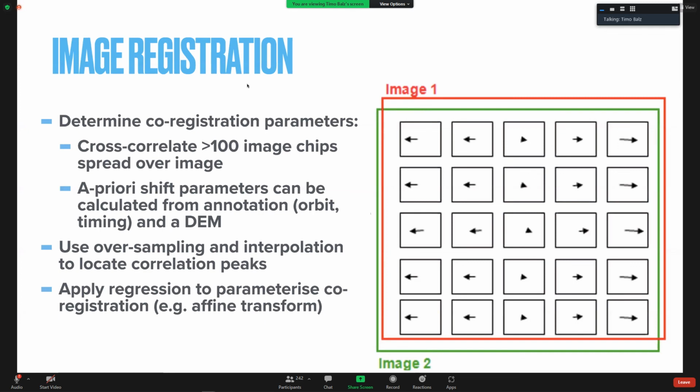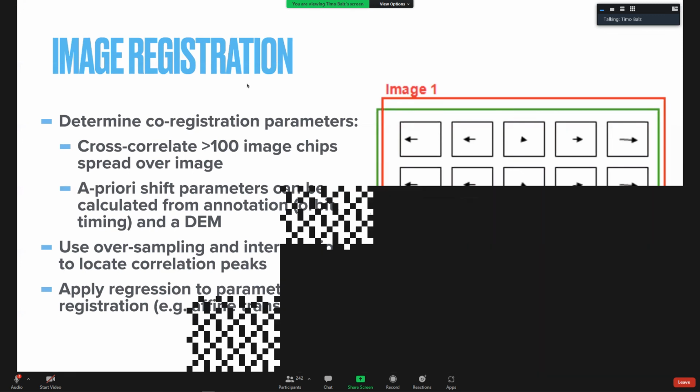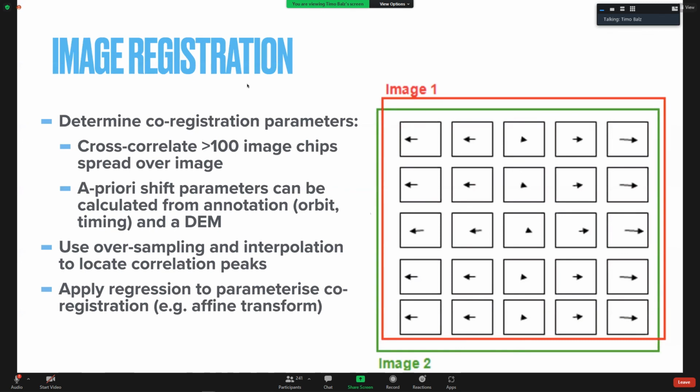We also have some a priori information from the orbit. So we know the orbit. We can already have a rough shift based on the orbit and the DEM. And then we can set the image chips there and calculate them. And we use then some oversampling, interpolate the correlation peaks, and we get the position of hundreds of these image chips.